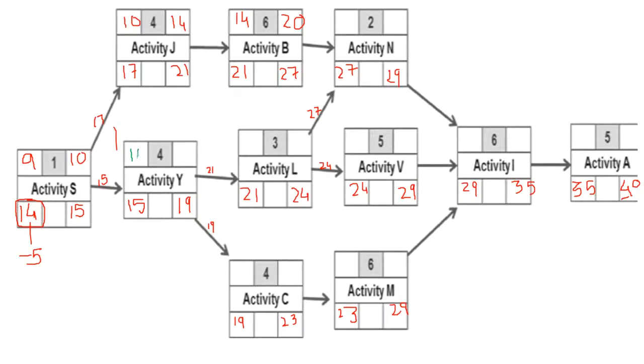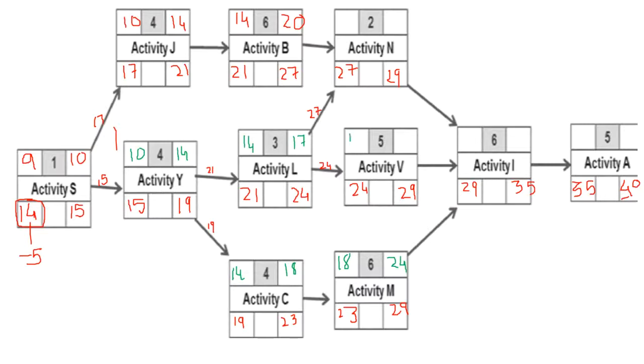So early start for activity Y is 10 and add 4 would be 14, and this 14 would become the early start of activity L, and early finish would be 17, and for activity C early start would be 14 and early finish would be 18, and activity M early start would be 18 and early finish would be 24.